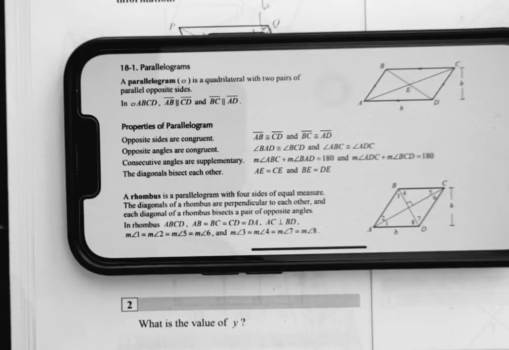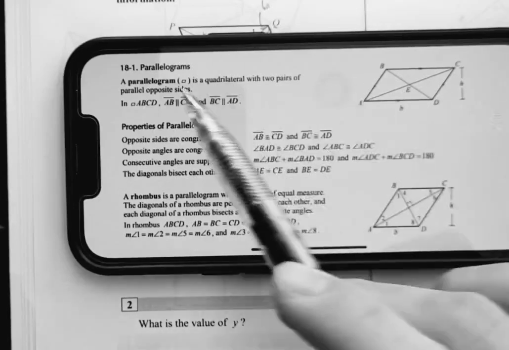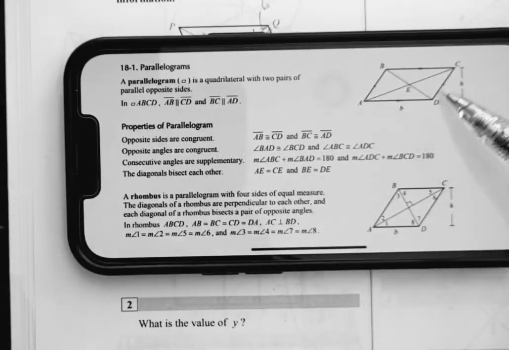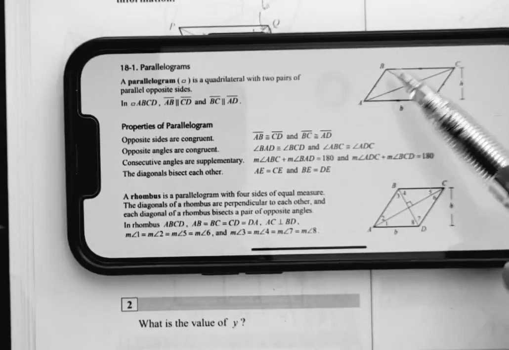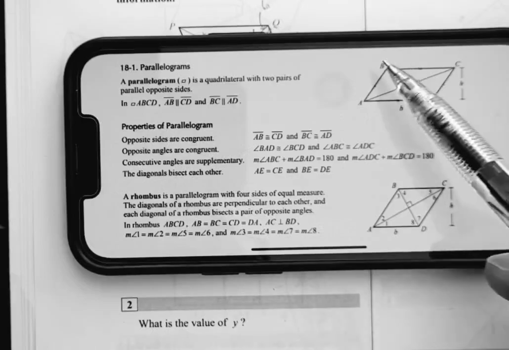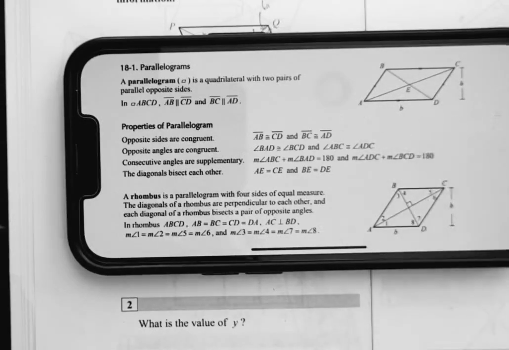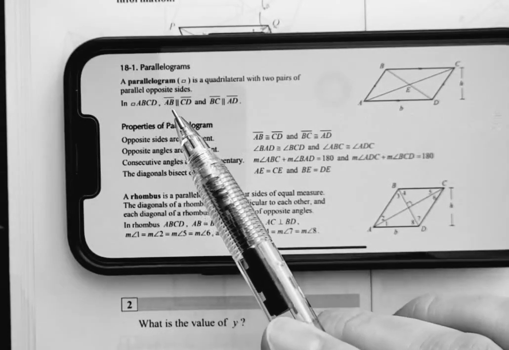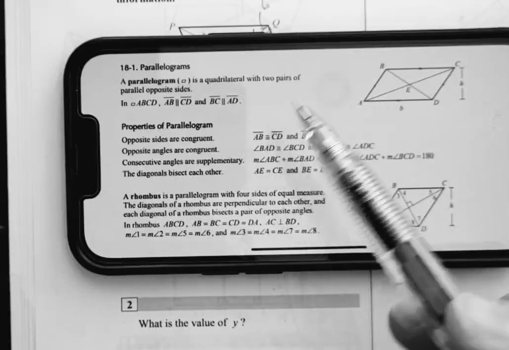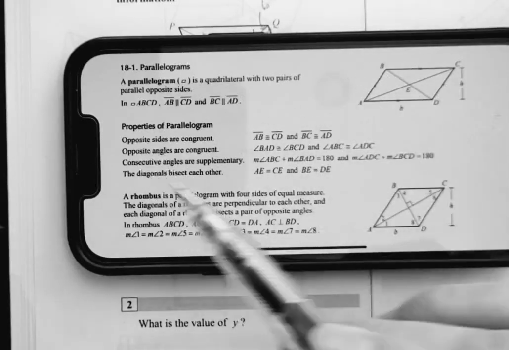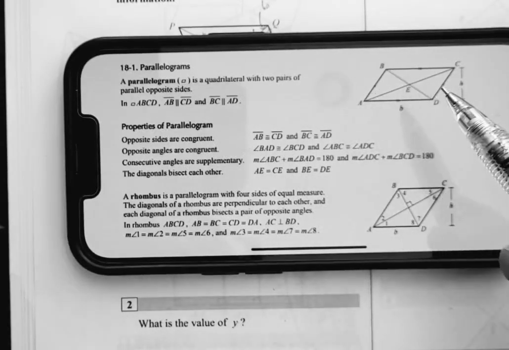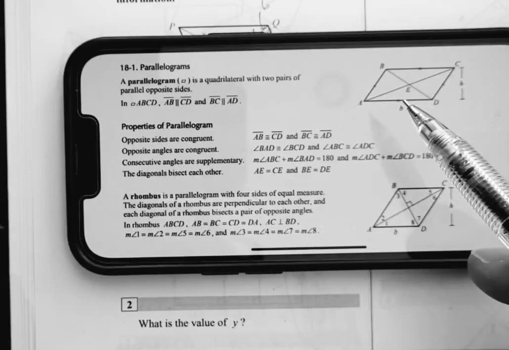Okay, so the important ideas for parallelograms, or the important things to know. Obviously, by the name parallelogram, the two opposite sides are parallel. So here is parallel to there, this is parallel to that, okay? So in parallelograms, going over the properties, these two sides are congruent and these two sides are congruent.